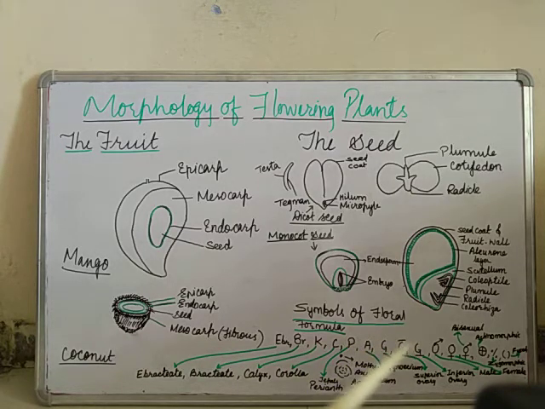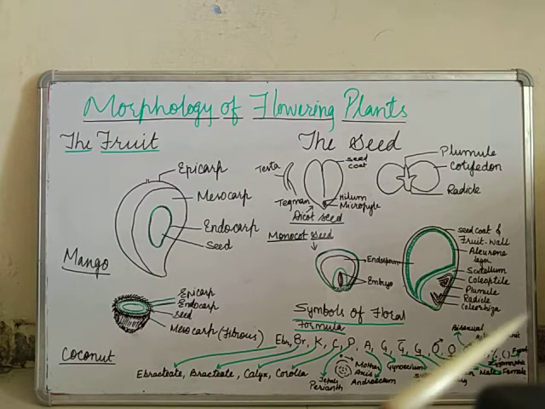If G has a line under it, then it is the superior ovary. And if the line is over the G, then it is the inferior ovary. If you see a circle with an arrow on it, then it is male. And if you see a circle with a plus under it, then it is female.